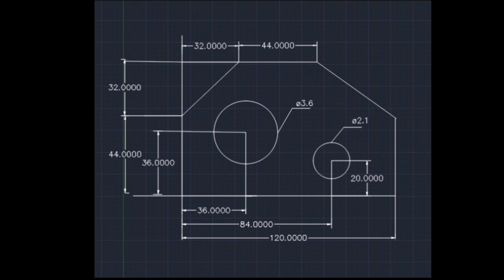So here, this is now my 2D drawing and editing command in AutoCAD software. Here we can see all the lines and circles, how to draw lines with measurements and also circles, and from the top the slanting line.